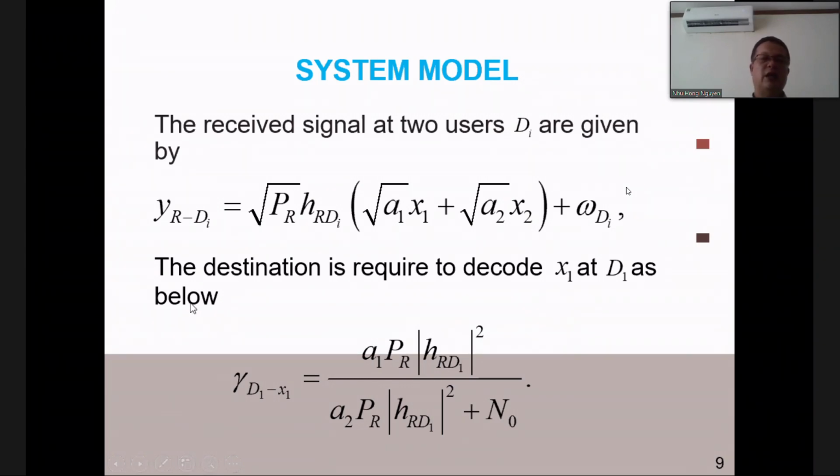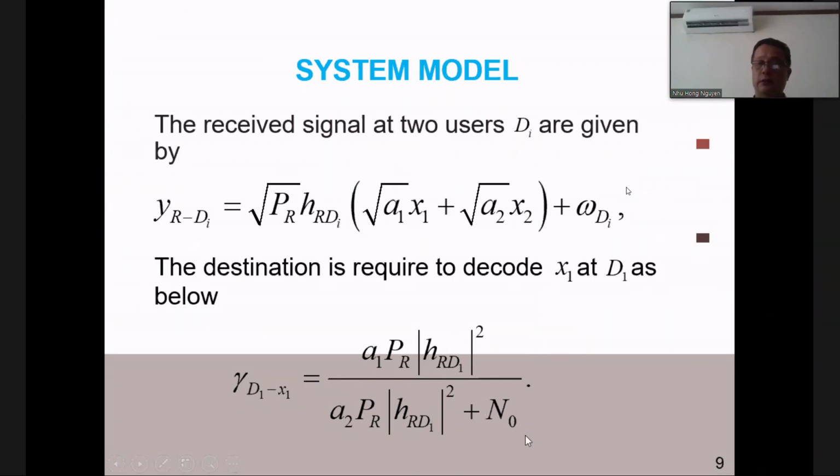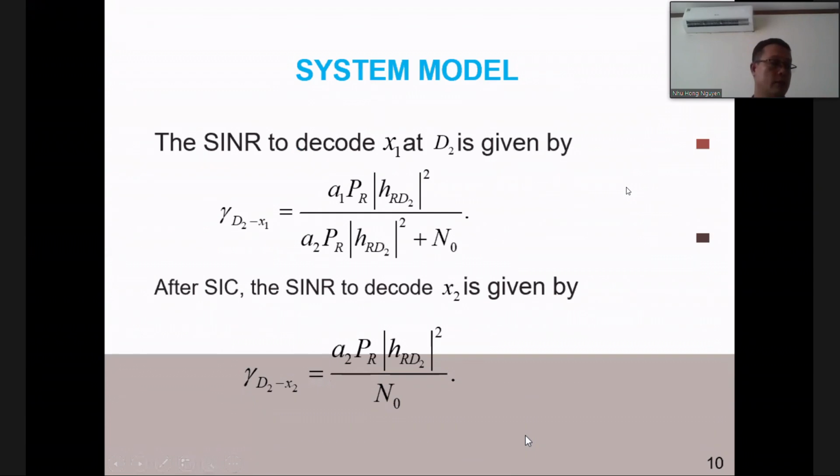Next, the destination is required to decode X1 at D1 with the equation below. The SINR to decode X1 at D2 is given by the equation.